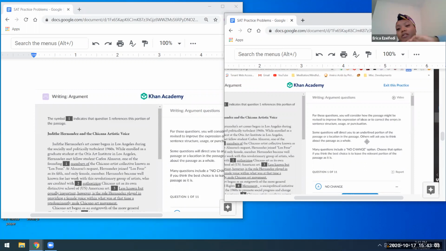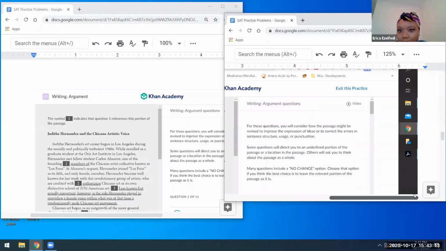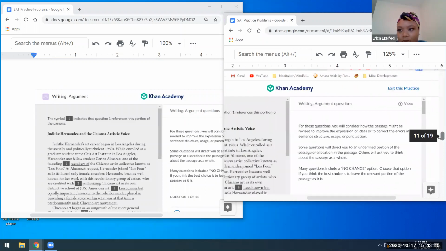Okay, so before we even start reading the passage, we could have read the instructions for the questions. And these read: for these questions, you will consider how the passage might be revised to improve the expression of ideas or to correct the errors in sentence structure, usage, or punctuation.